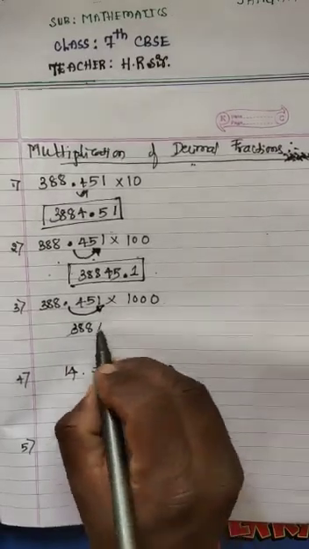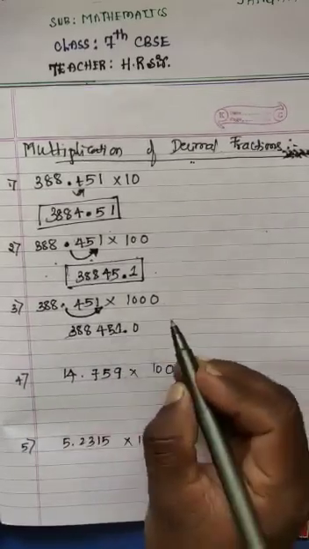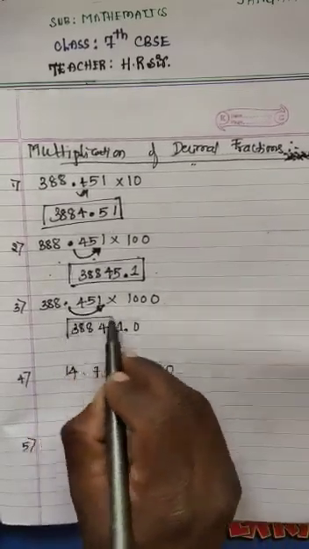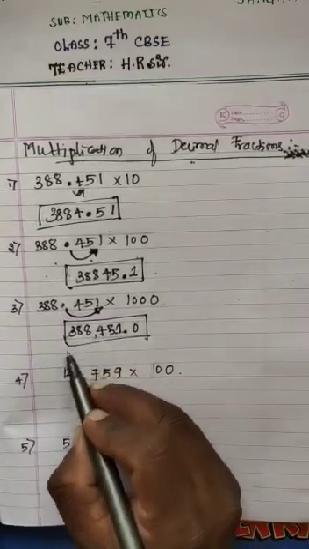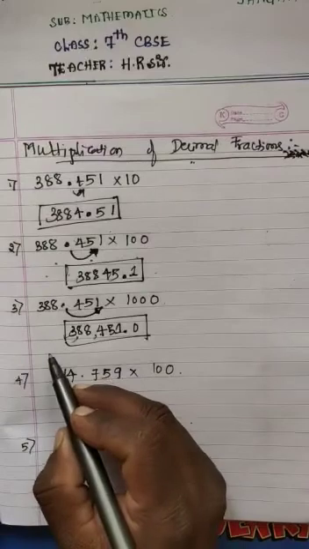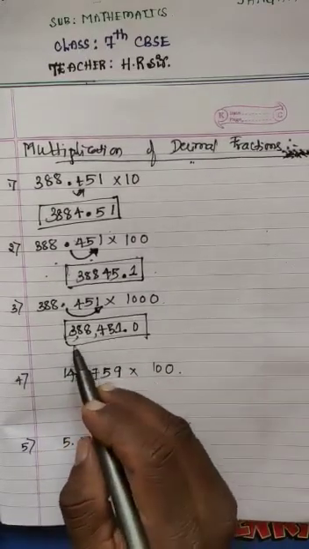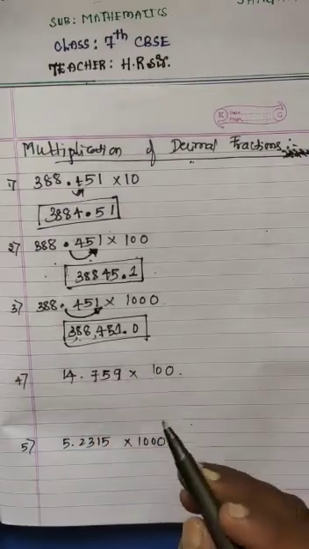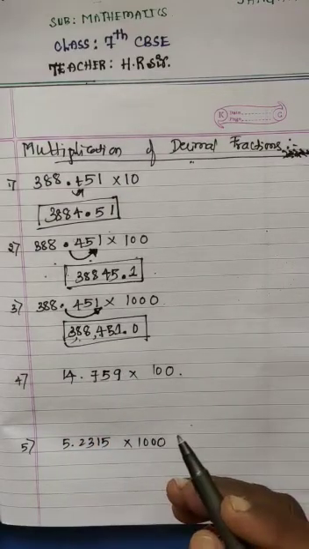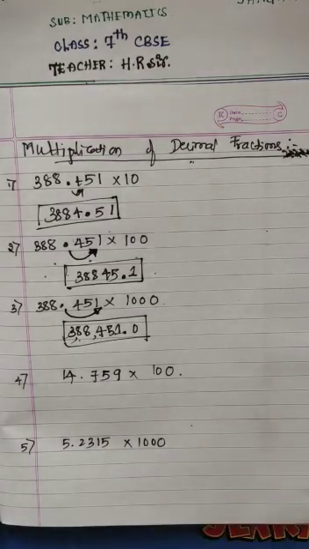That is 388,451.0. According to the Indian place value chart, it can be read as 3,88,451.